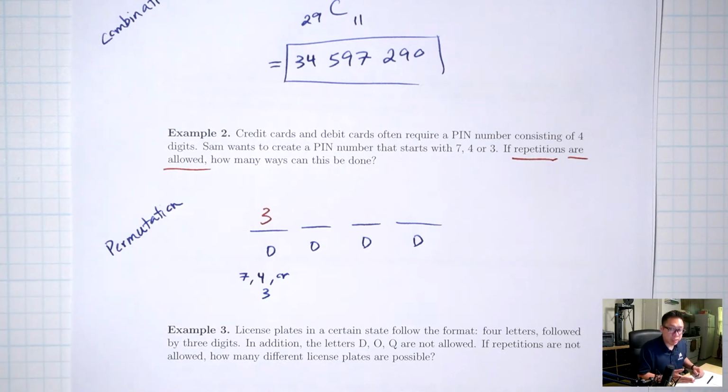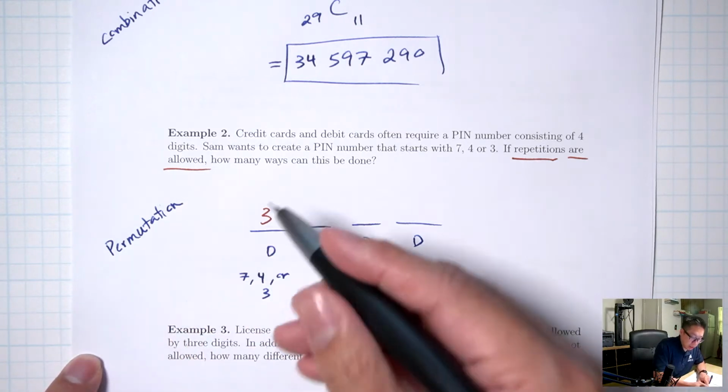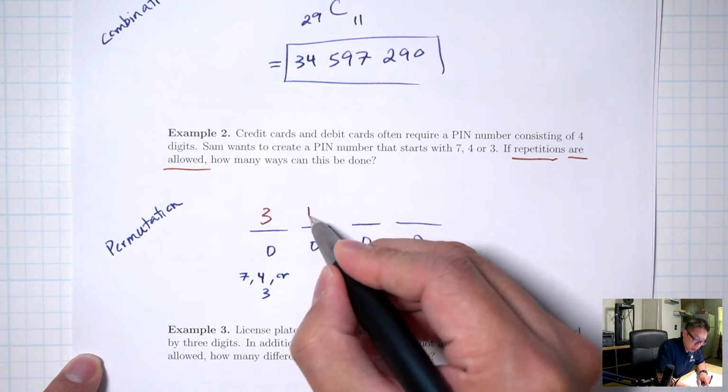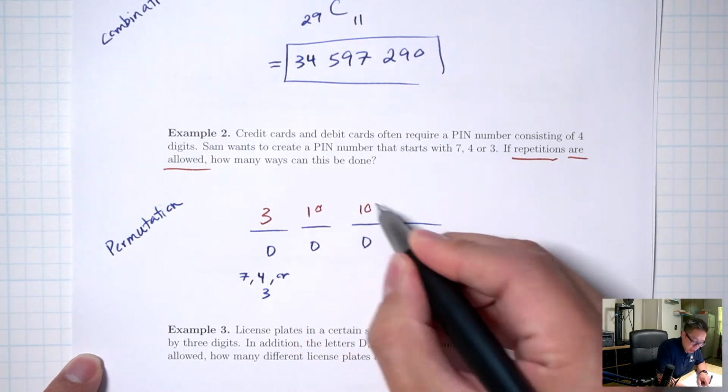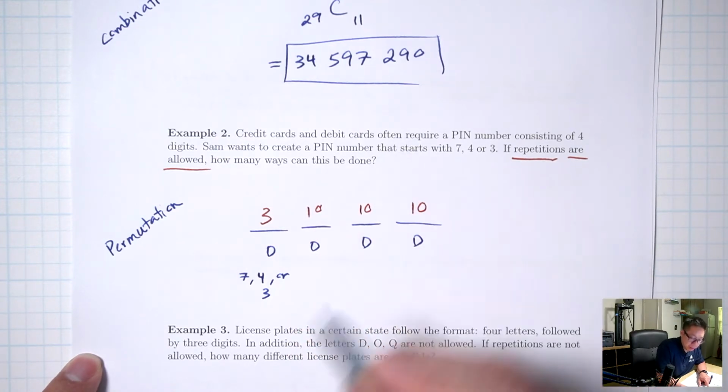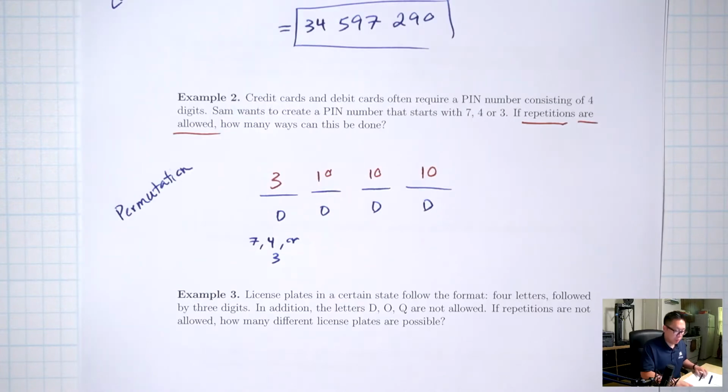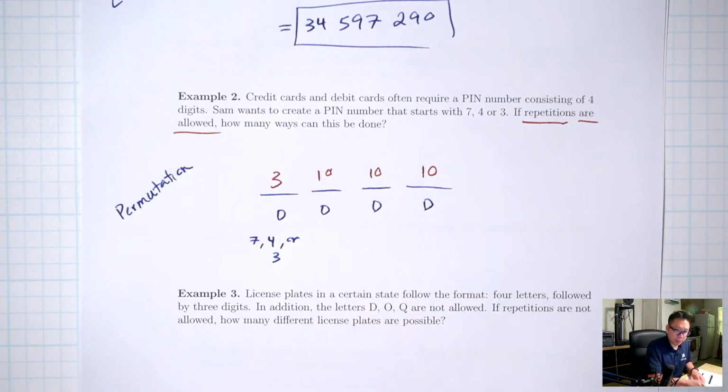Which means for the other blanks, I can use the full number of options for digits. So digits are 0 through 9. So 0 through 9, there's 10 options there. Because I'm allowed to repeat, I should have the full number of options there. So that's 10 for the same reason, 10 for the same reason, 10. So enter 3 times 10 times 10 times 10.